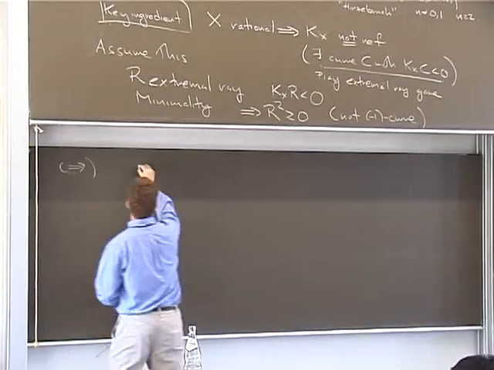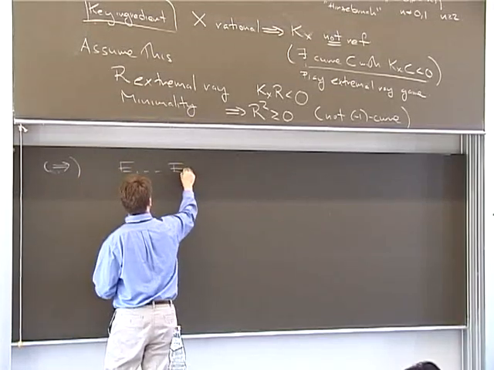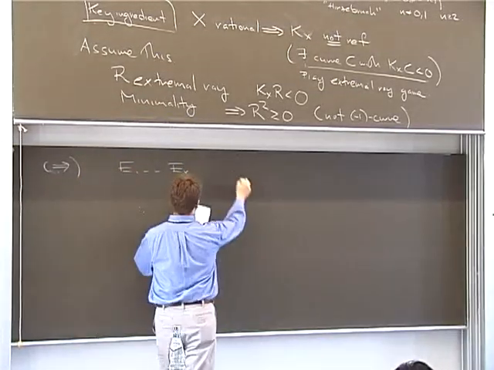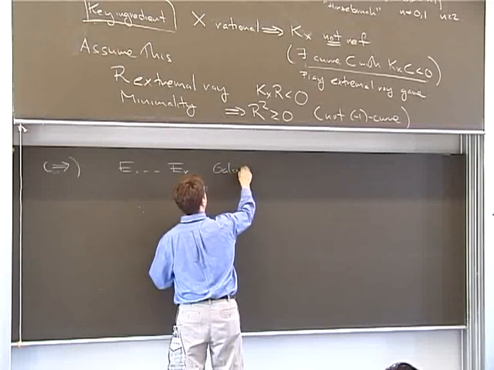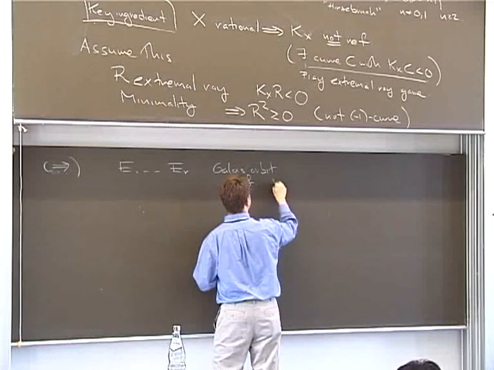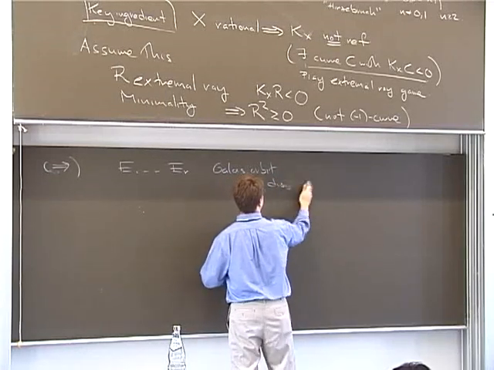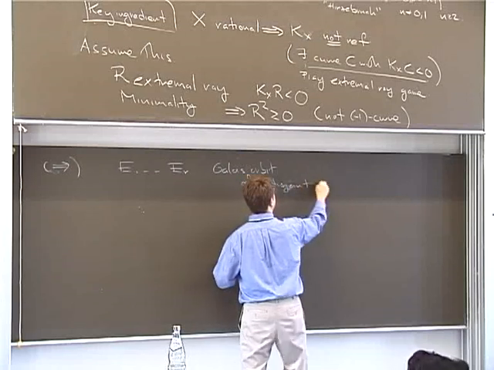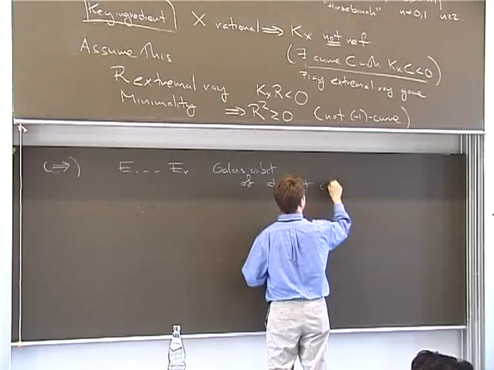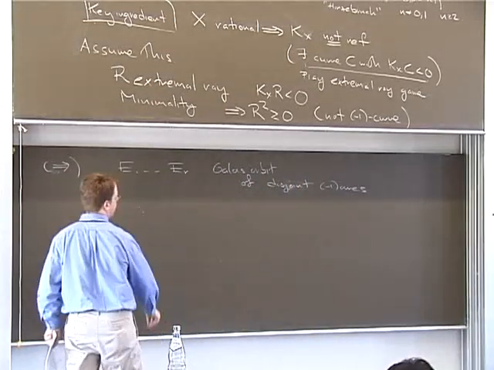On the other hand, let's say that we're given E1 through ER, a Galois orbit of distinct destroyed -1 curves.